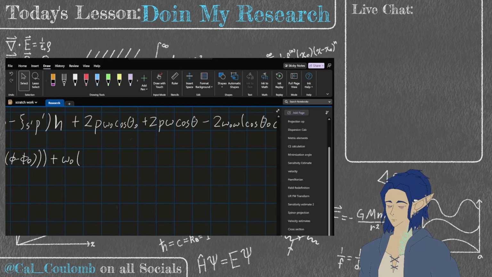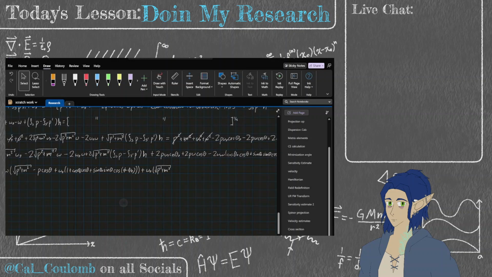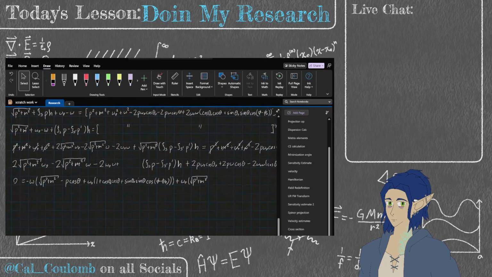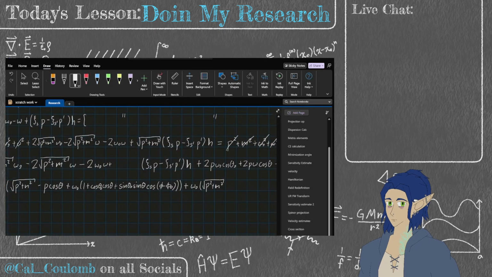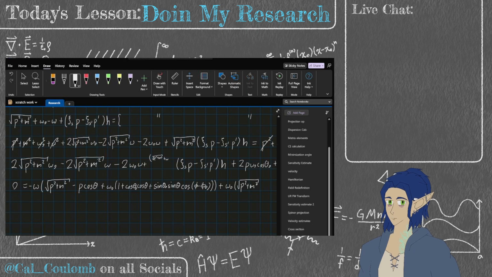We have square root of p squared plus m squared. And actually, this should have more to it than that, shouldn't it? So this should be square root of p squared plus m squared plus omega naught minus omega, I think. Right there? Yeah.